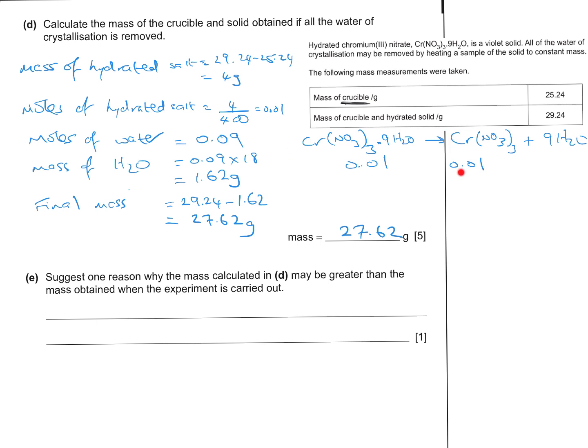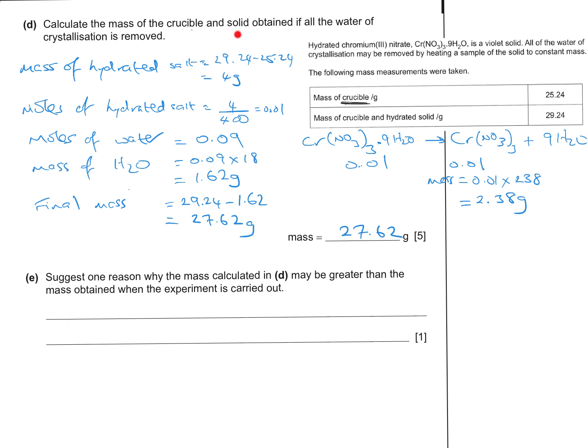This here can be converted to a mass. So the mass, 0.01 times 238, and that equals 2.38 grams. The question is, what is the mass of the crucible and the solid after all of the water of crystallization has been removed.